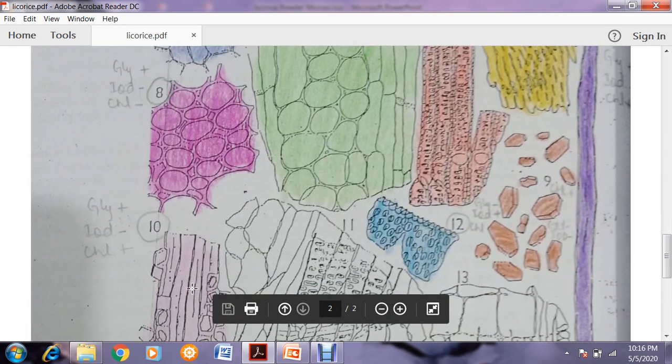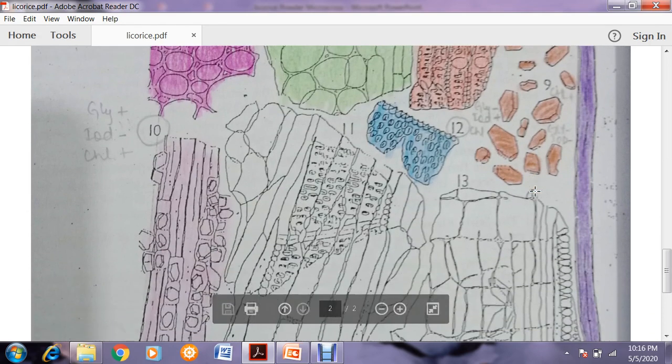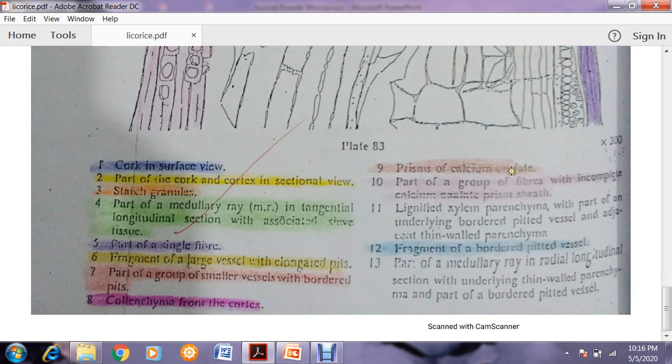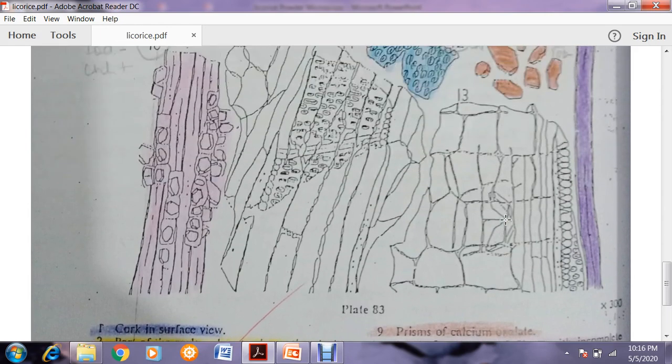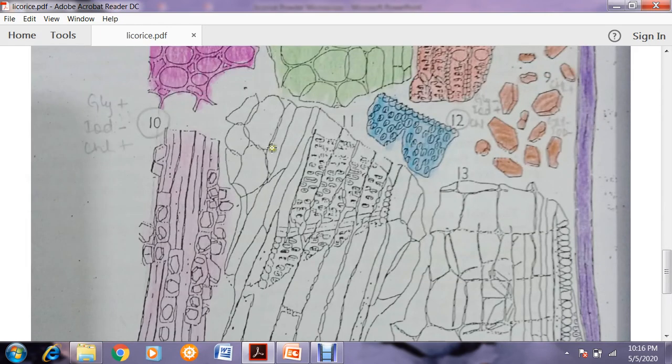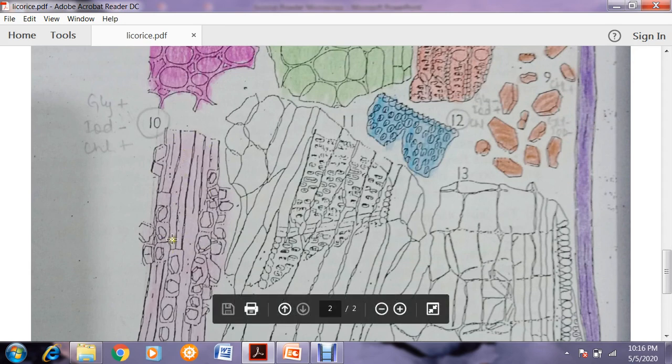Then students, number 9, this one, you can identify it, can you? These are the prisms of calcium oxalate. Now number 10, this one. As you can see easily, this is a part of fiber covered with the calcium oxalate sheet.